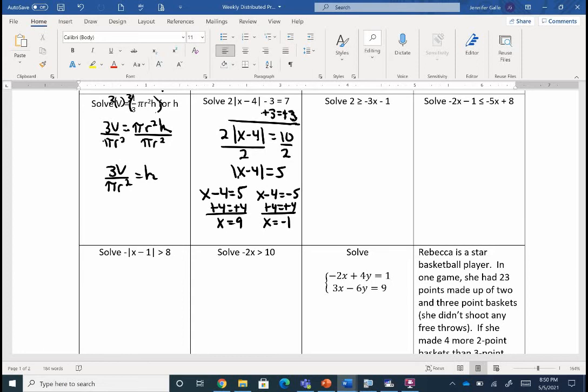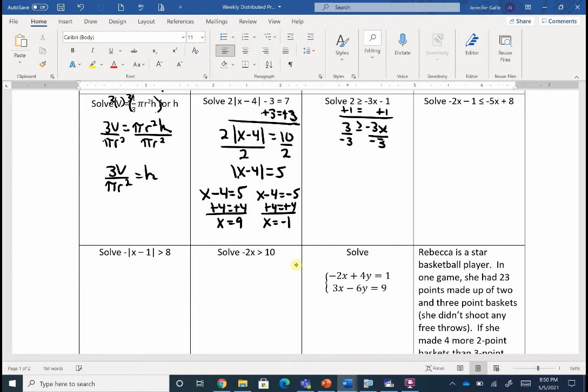All right, our third question in the second row. We need to solve the inequality. The same rules as solving an equation apply here. Start by undoing addition or subtraction first. And then next we're going to undo the multiplication by using division.